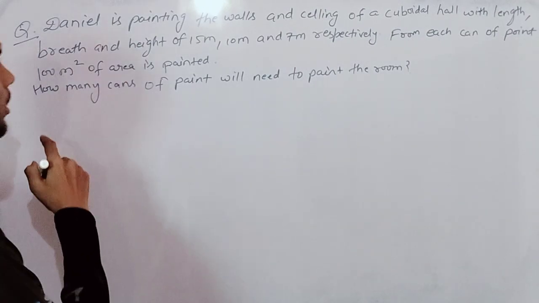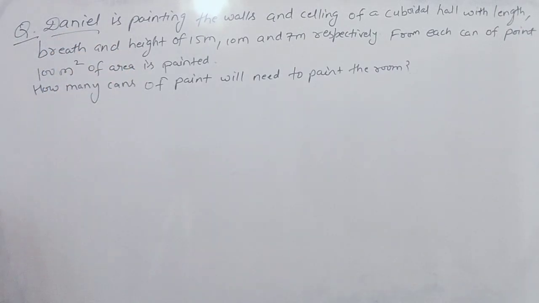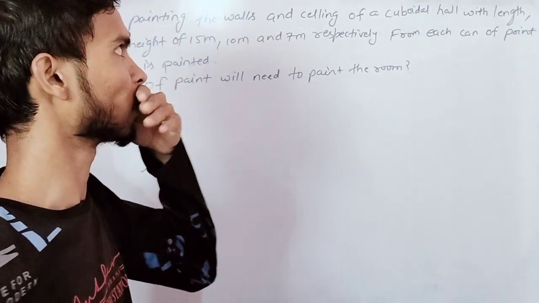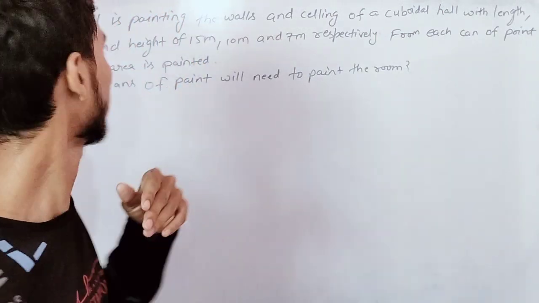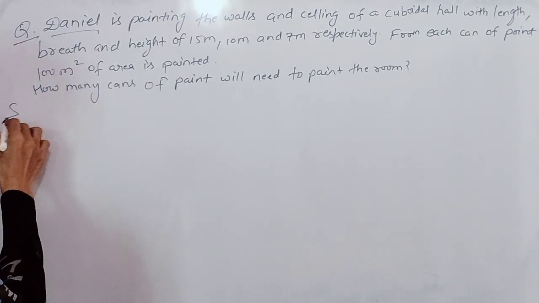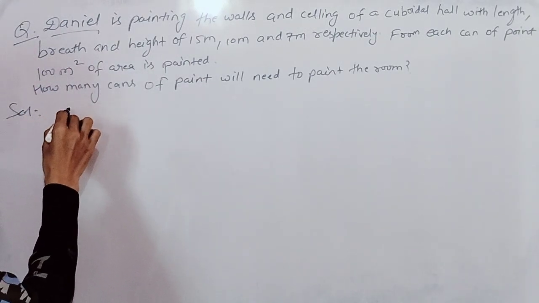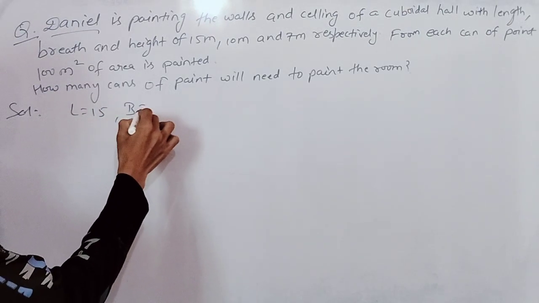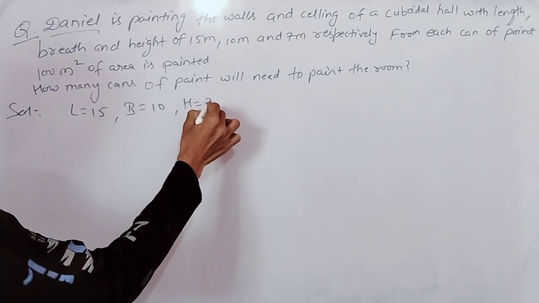Daniel is painting. Daniel is the name of a boy. He is painting the walls and the ceiling of a cuboid room with length, breadth, and height of 15 meter, 10 meter, and 7 meter respectively. So length is 15 meter, breadth is 10 meter, and height is 7 meter.